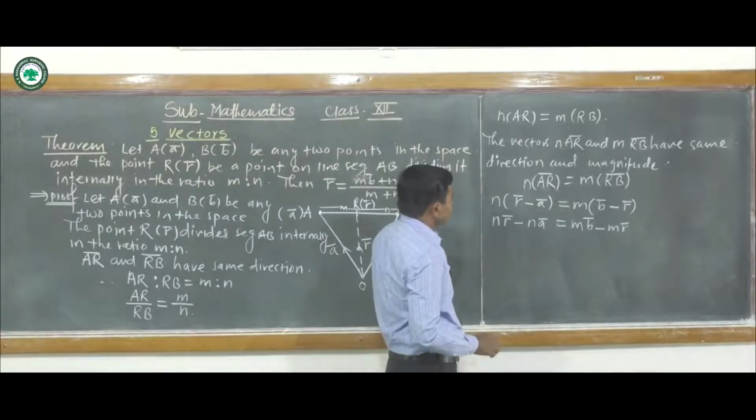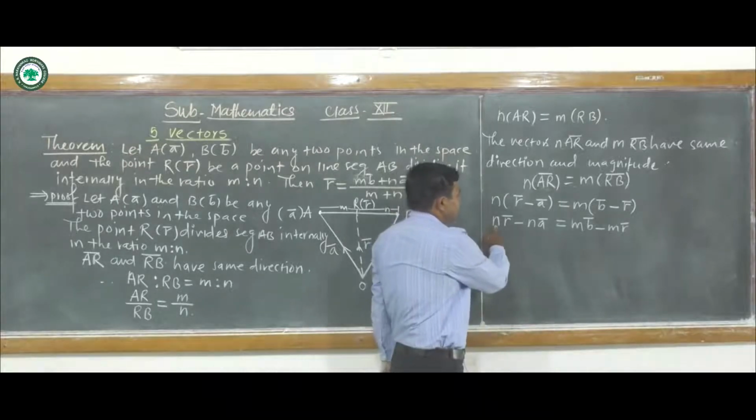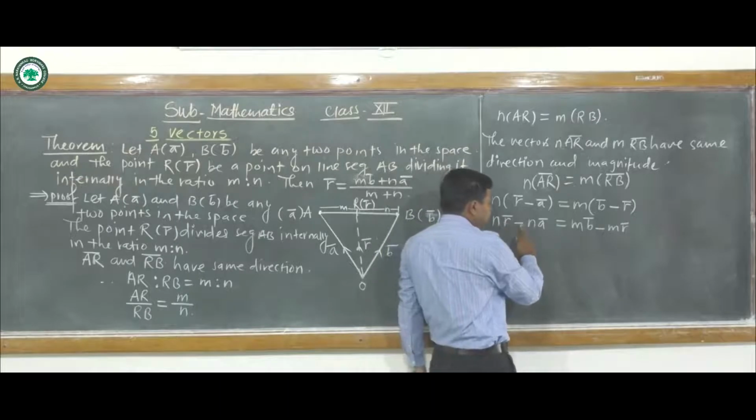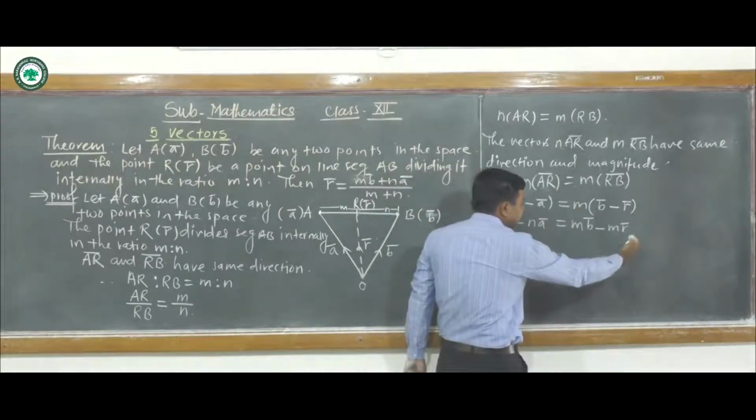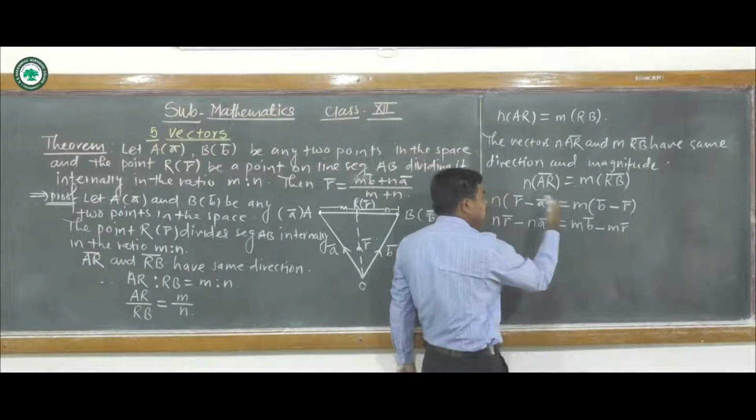See, n into R bar, shift minus n into A bar to the right hand side and minus m into R bar to the left hand side.